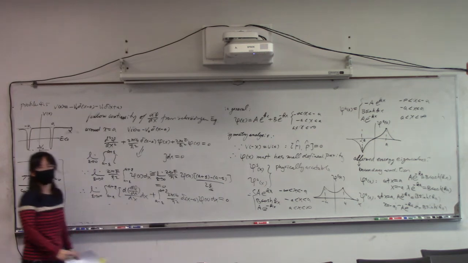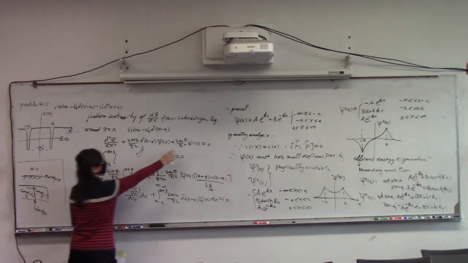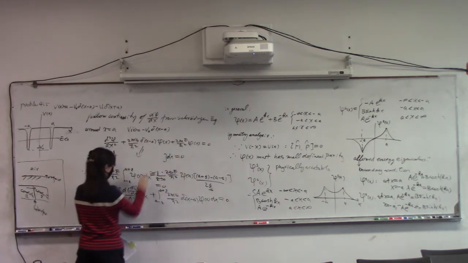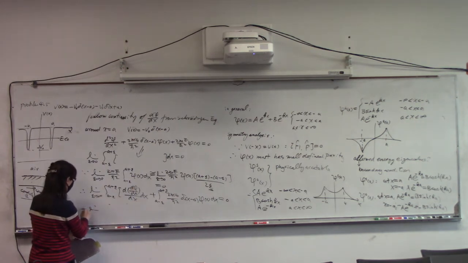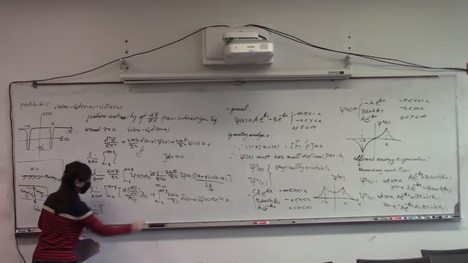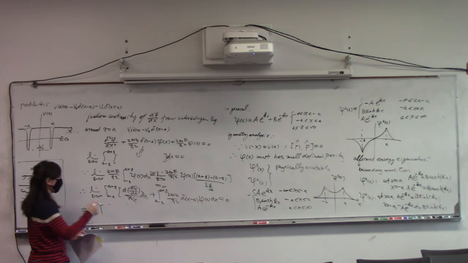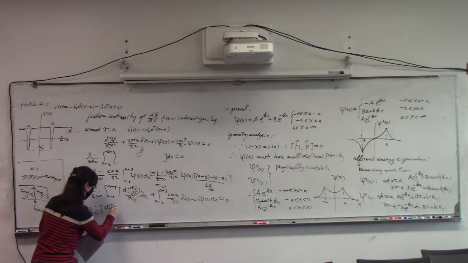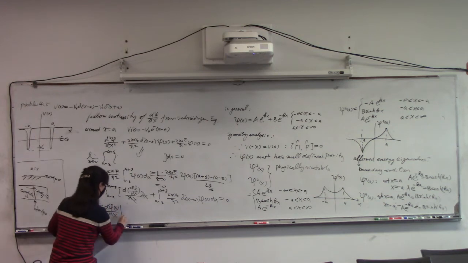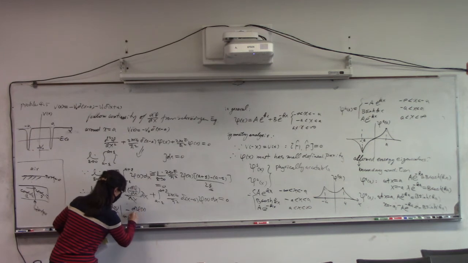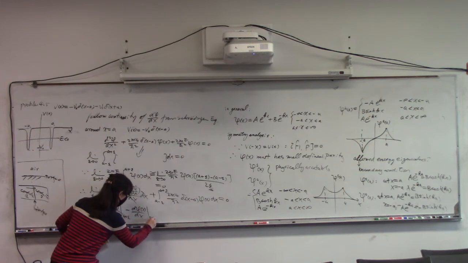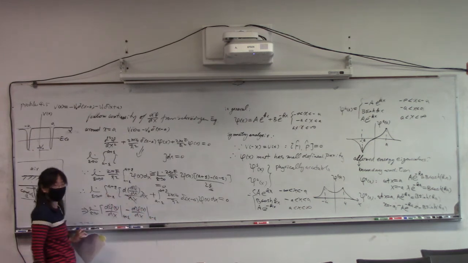That equals 0, because the third term contributes 0, so only these two. Then this first term, the integral is a total differential, so that is d psi dx at a plus epsilon minus d psi dx at a minus epsilon.